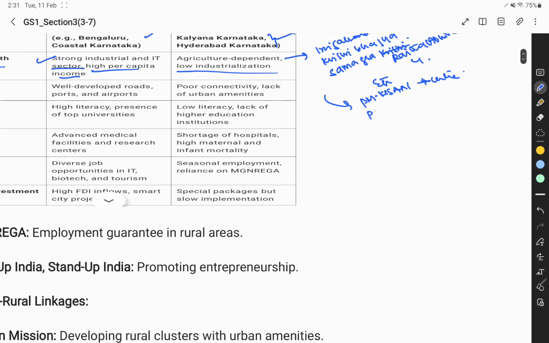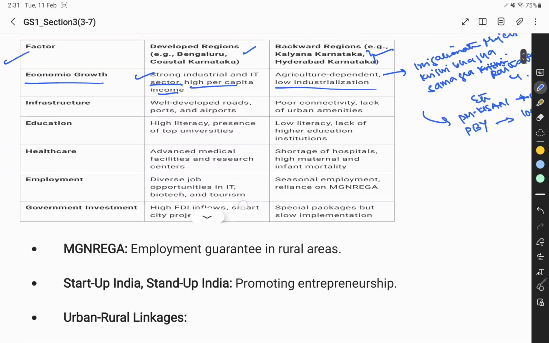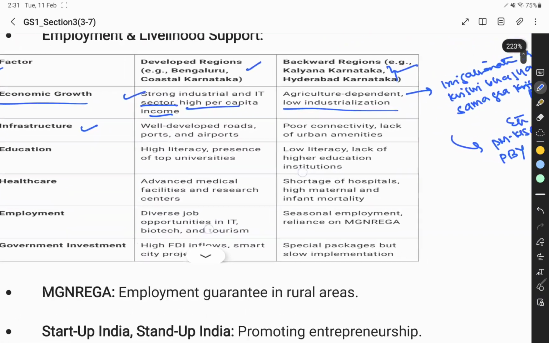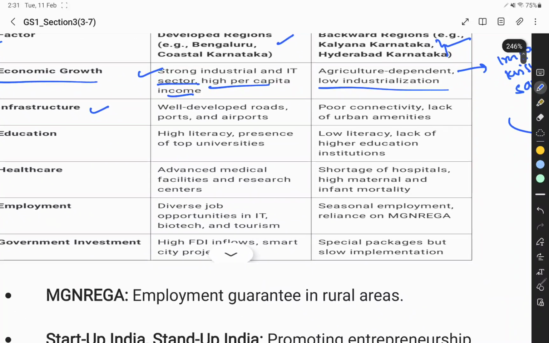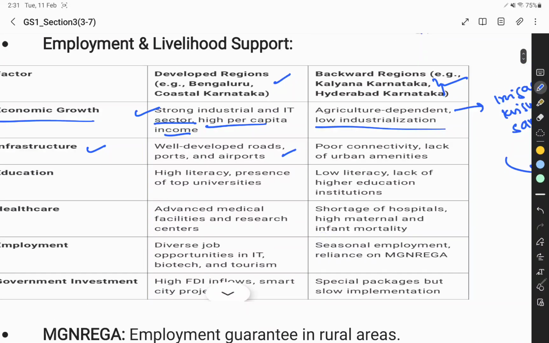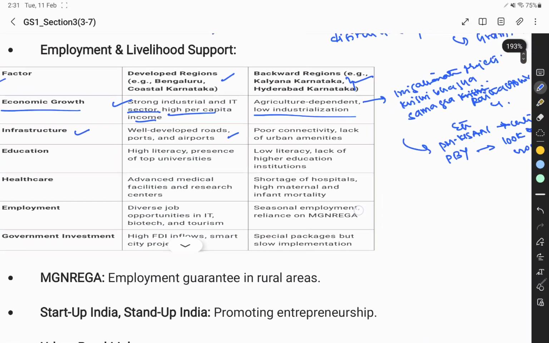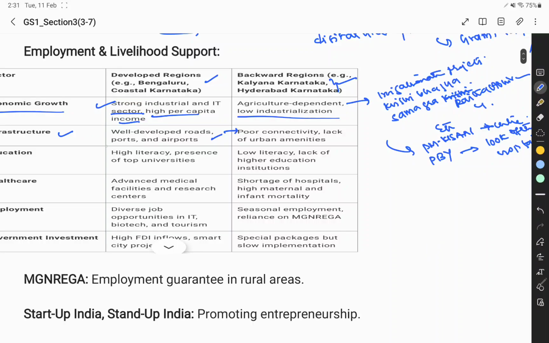Then we have Fasal Bima Yojana to look after crop failures, etc. Then under infrastructure, developed regions have well developed roads, ports and airports.